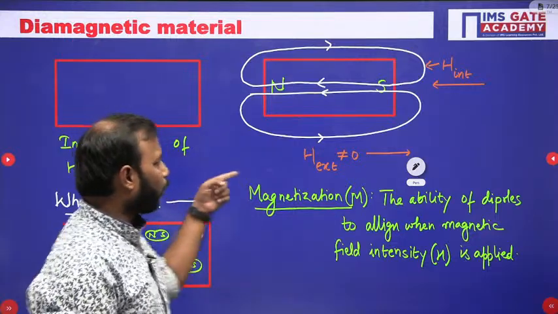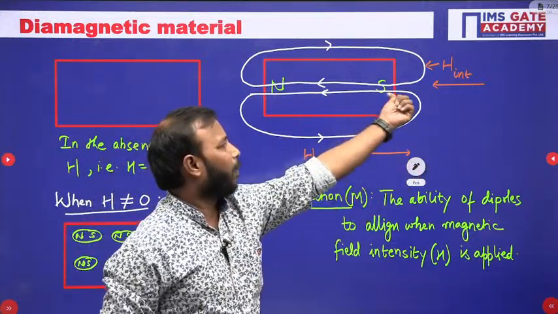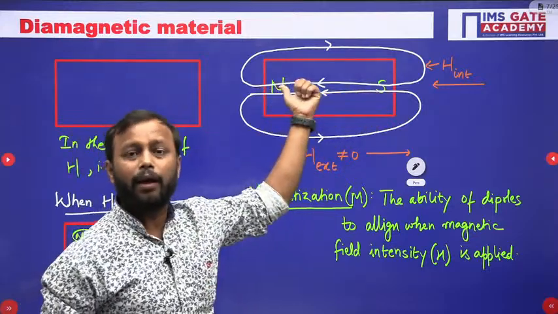So if you take this as positive, then definitely the magnetic field direction in this is going to be negative.